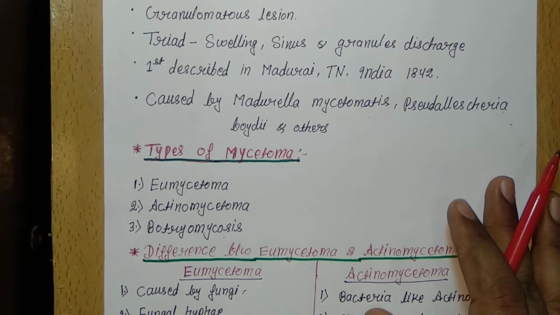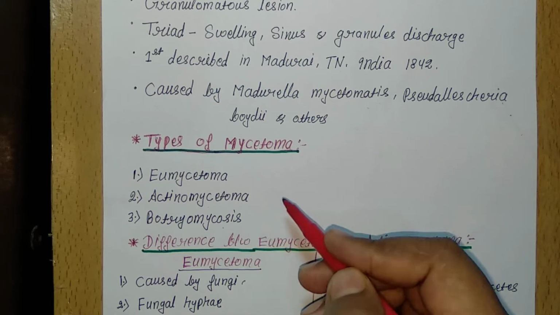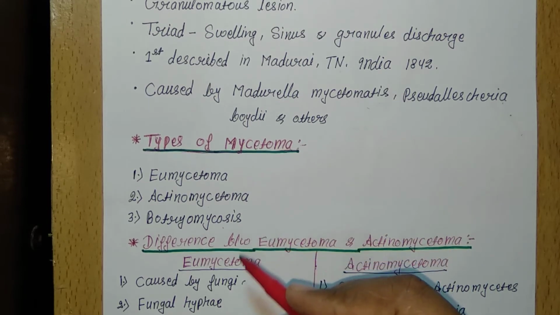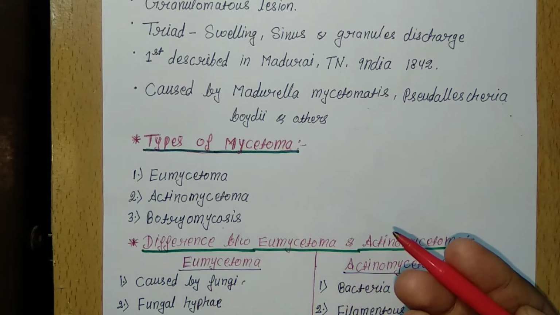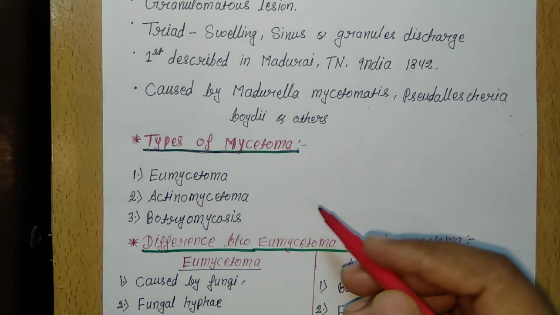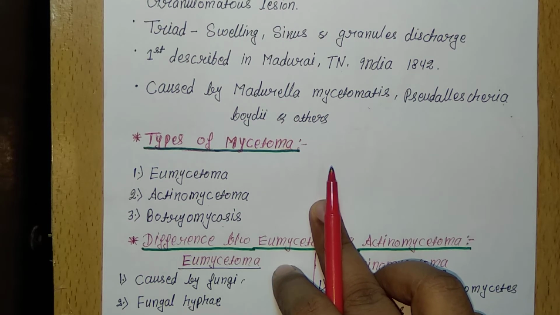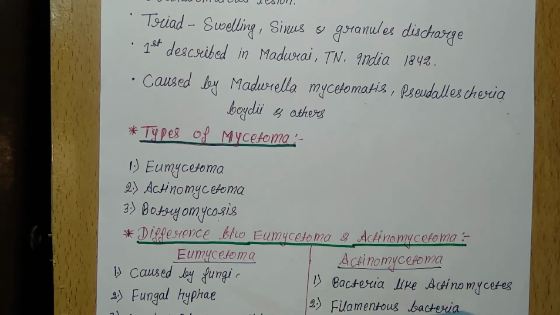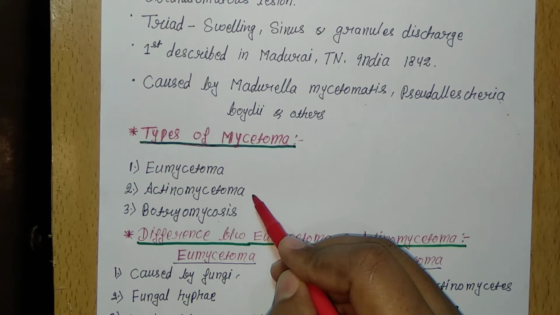And actinomycetoma is also chronic, but it is a bacterial infection that affects our subcutaneous tissue, and it affects the skin and connective tissue of the individual.